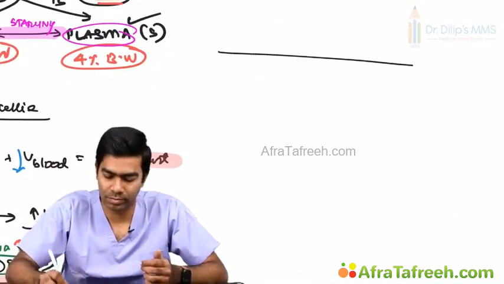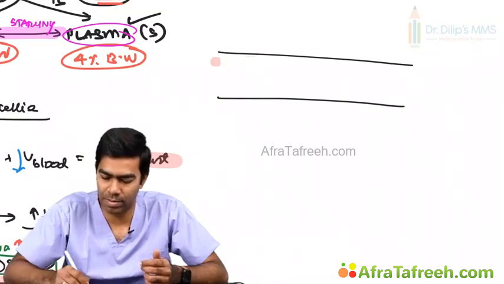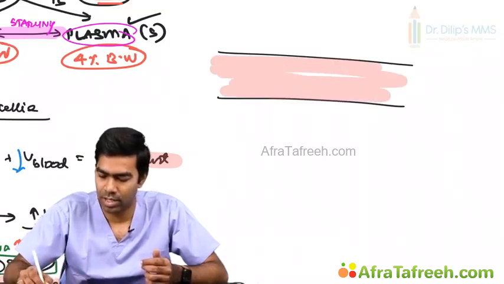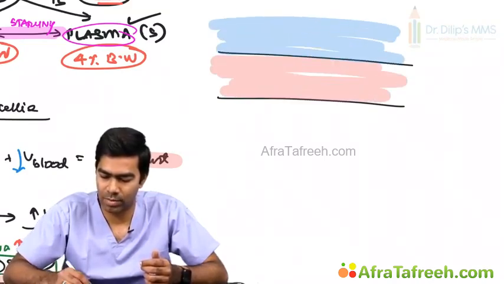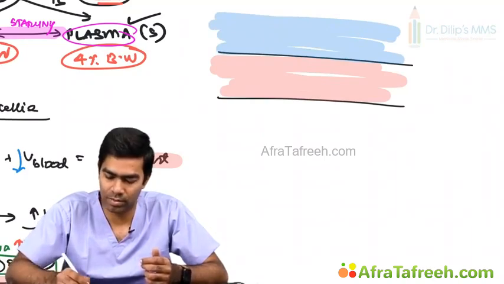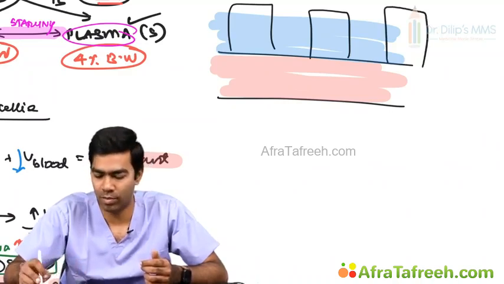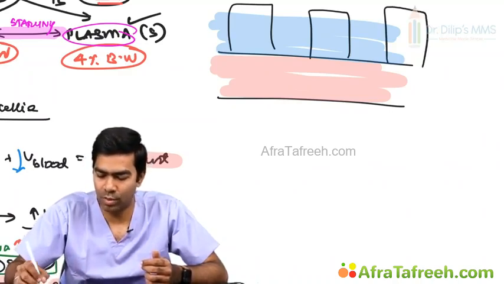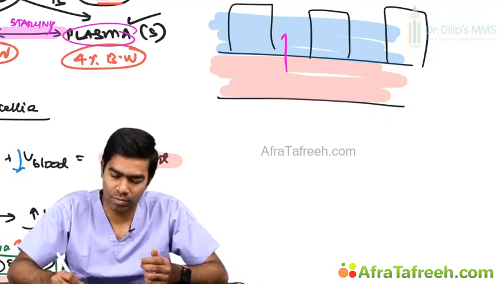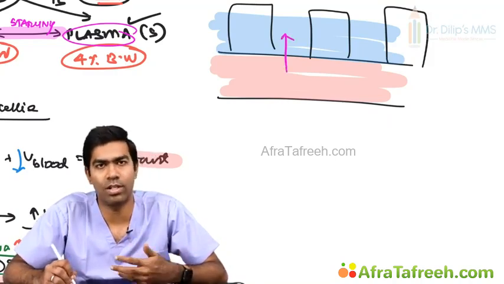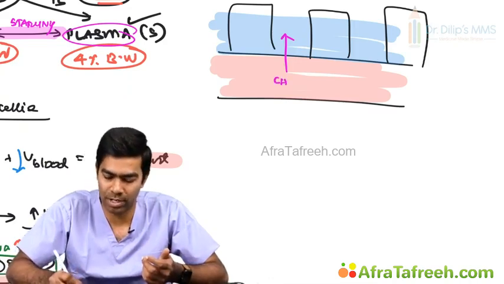Which means, if you take this is the plasma compartment, and this is the interstitial fluid compartment where the cells are located. This is the milieu where the cells are located. So there are two forces acting. One is the force trying to push the water into the interstitial fluid, that is capillary hydrostatic pressure.